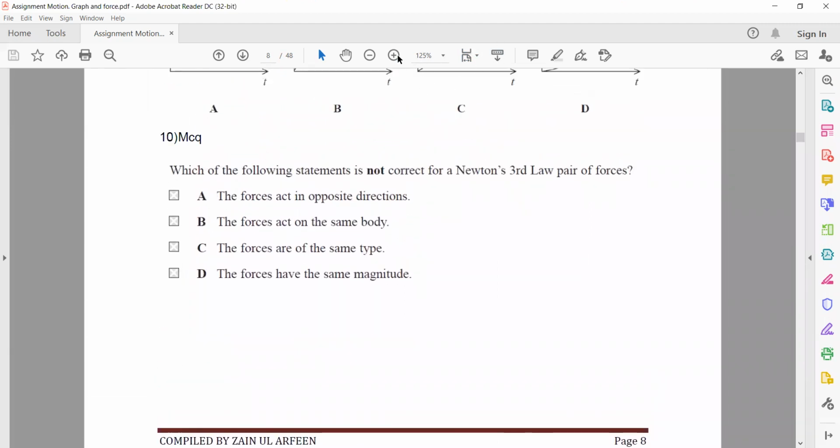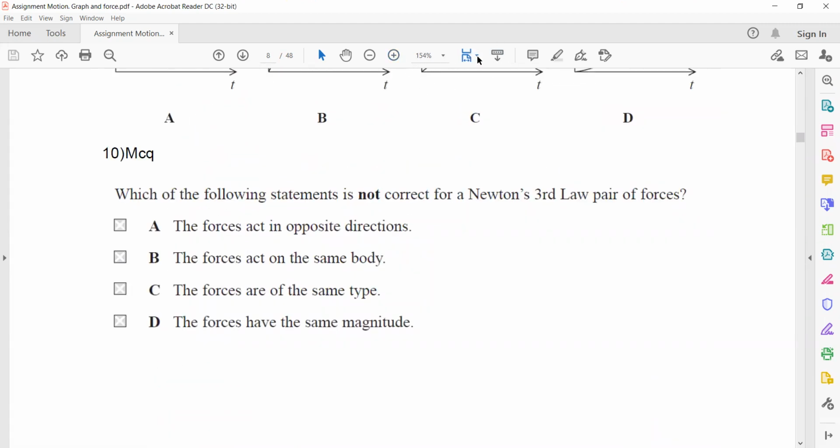Then which of the following statements is not correct for Newton's third law pair forces? When you have Newton's pair forces, they should have equal magnitude, they should be in opposite direction, acting on two different objects, acting at the same time, acting on the same line.